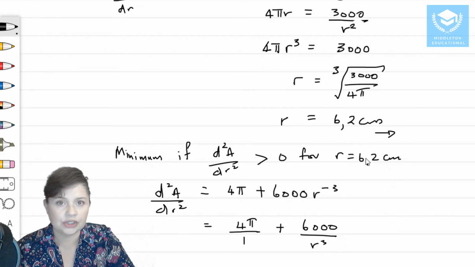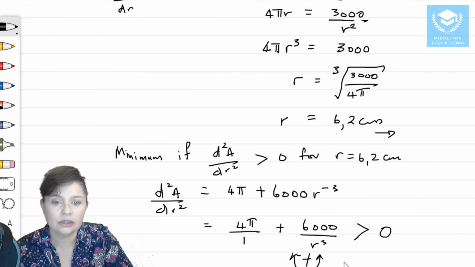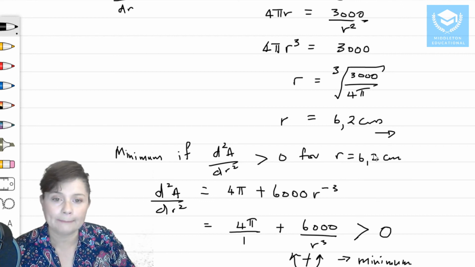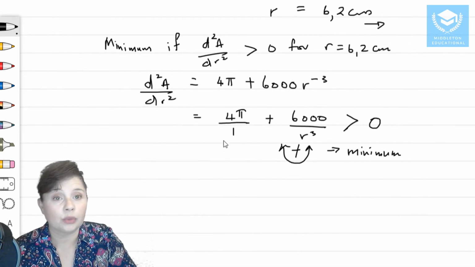If we substitute 6.2 in here, you will find that that is going to be greater than 0, right? Which means you've got a plus sign, smiley face, which means it is in fact a minimum. Okay. So the radius r equals 6.2 is a minimum.